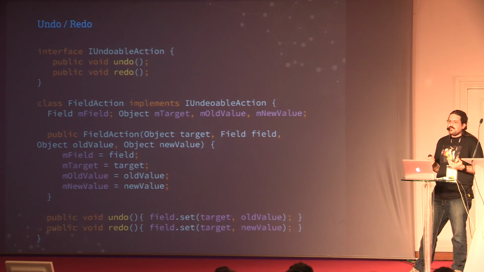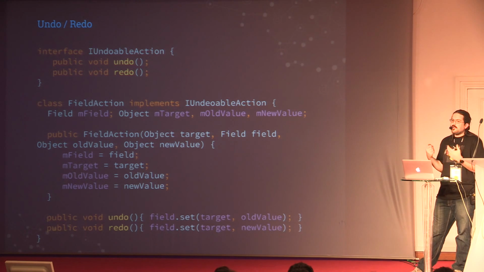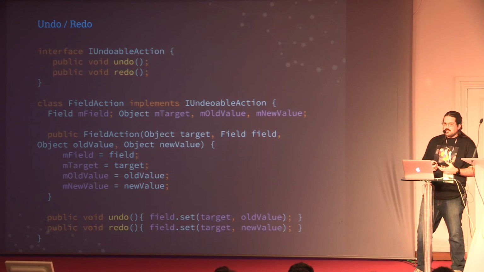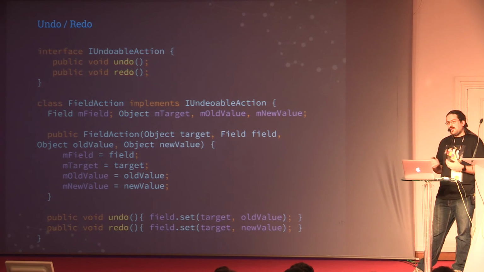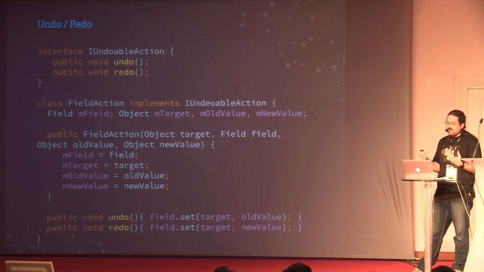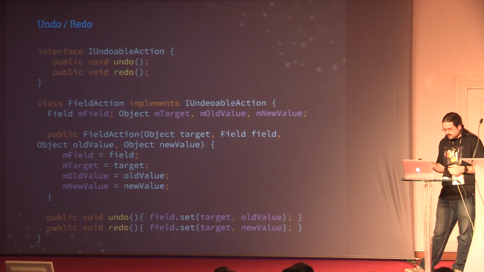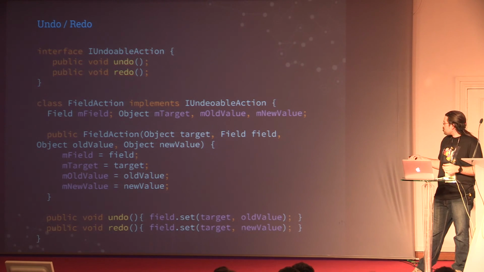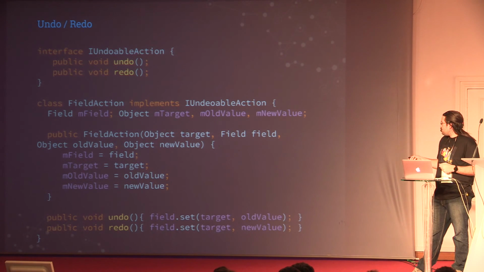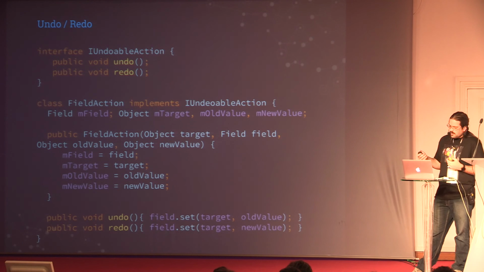Basically, we are going to use reflection to know when a field is changed on an instance of an object, and create automatically the action to undo this modification, and probably have something for the users to undo and redo automatically. So here, I just capture the target object, the instance of the object which is going to be modified, the reflection field, the old and the new value, and the implementation of the undo and redo is quite straightforward.